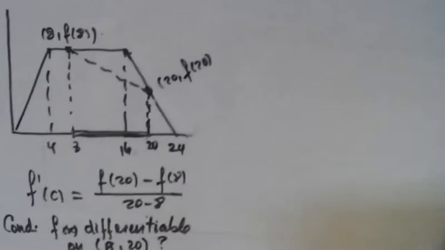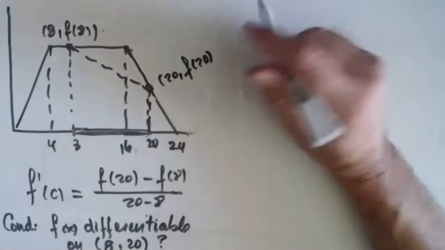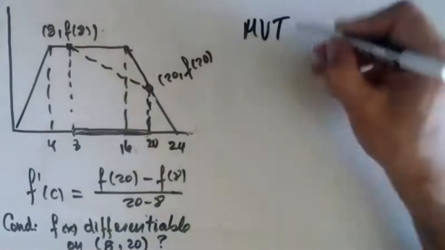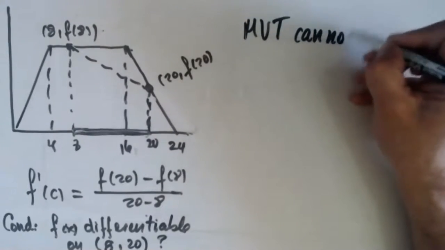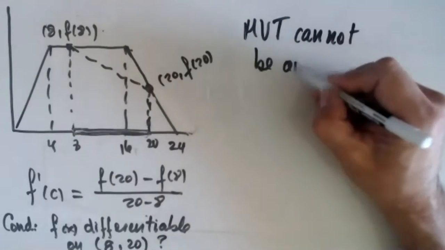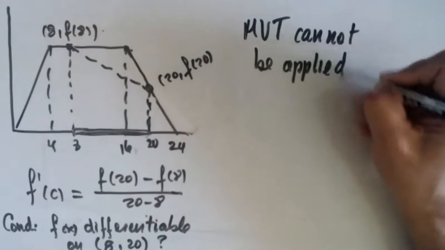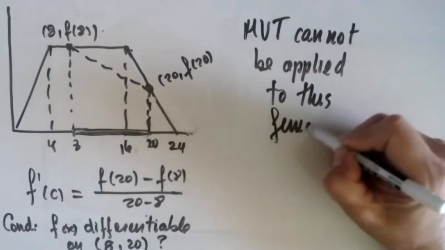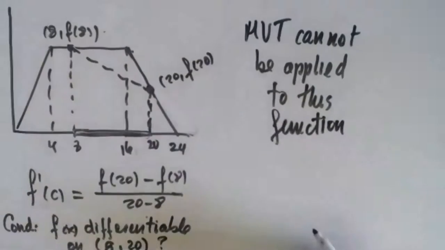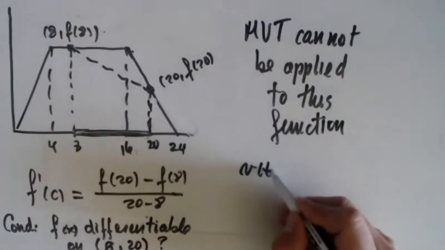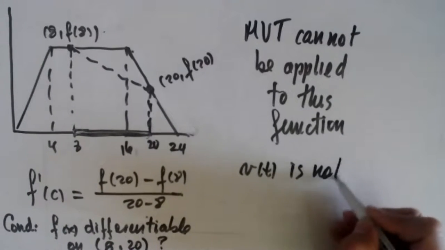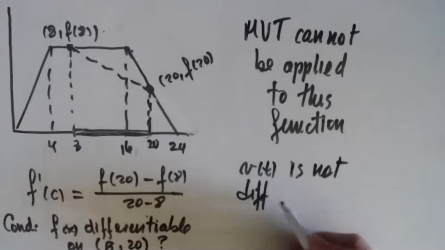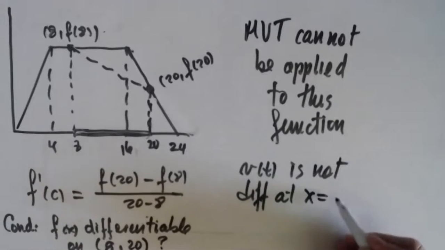So the conclusion is MVT cannot be applied to this function, correct? v of t is not differentiable at x equals 16.